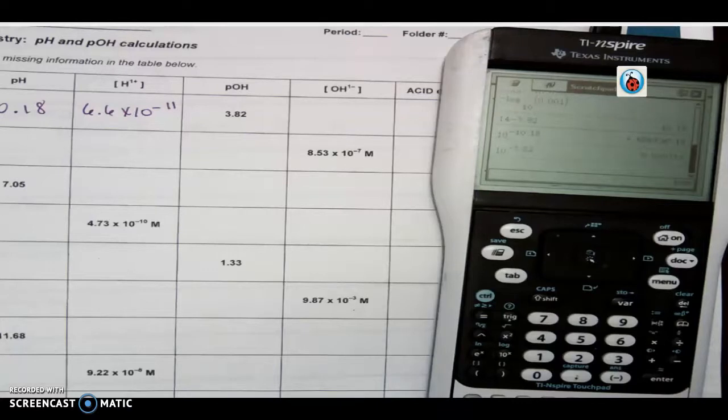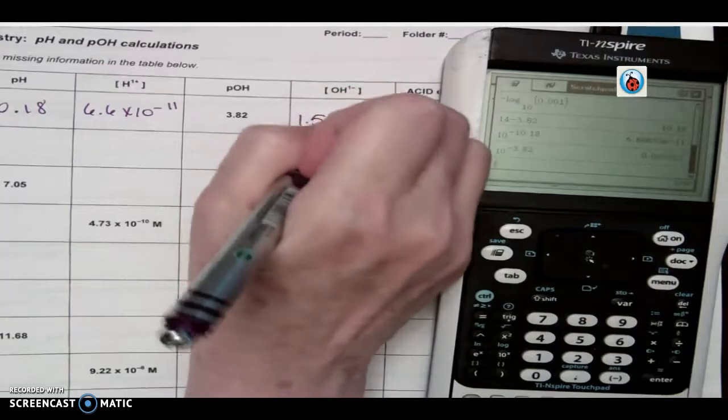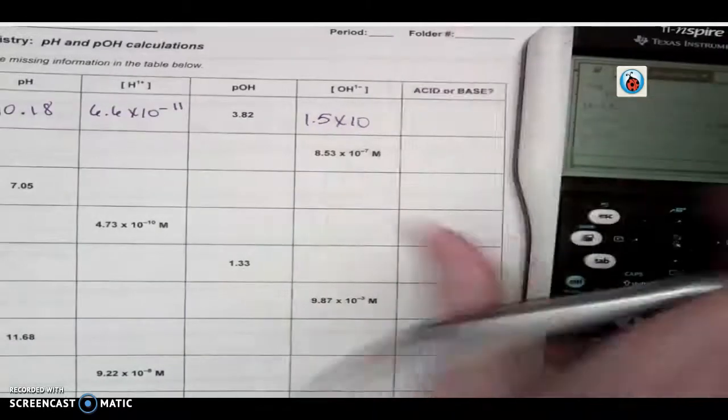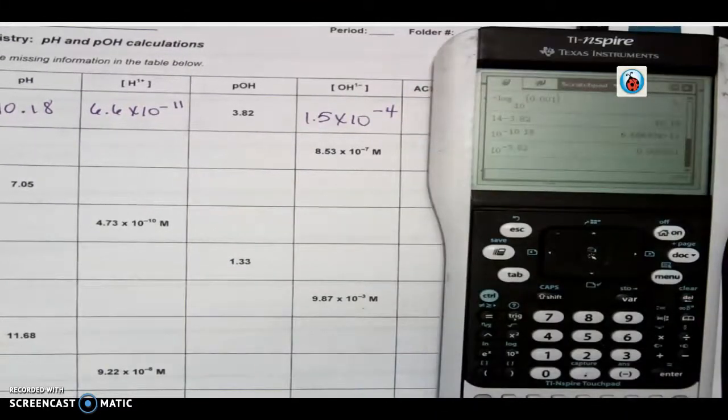And what do we get? Oh, it's not in scientific notation. We don't like that, but we're going to move that decimal behind the first non-zero number, which is that 1. So we get 1.5 times 10 to the what? Let's move that decimal 1, 2, 3, 4 times. So that makes it a negative 4 because this number is less than 1.